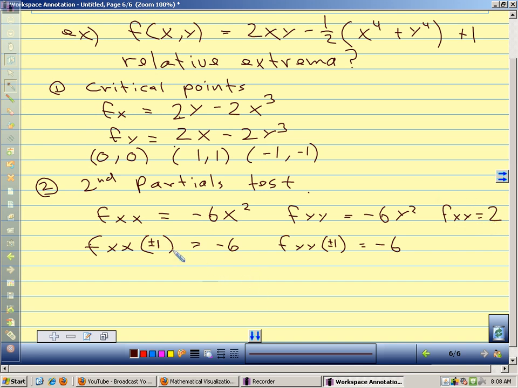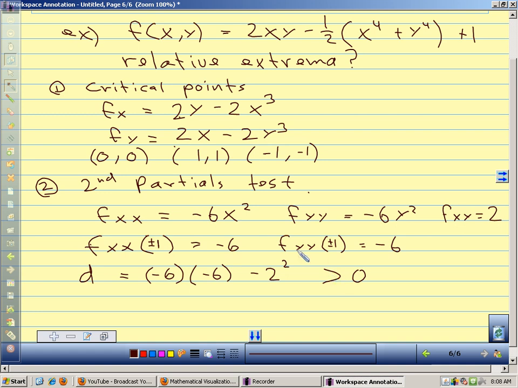So for our points plus or minus 1, our discriminant gives me minus 6 times minus 6 minus 2 squared, and that is greater than 0. So our discriminant is greater than 0.